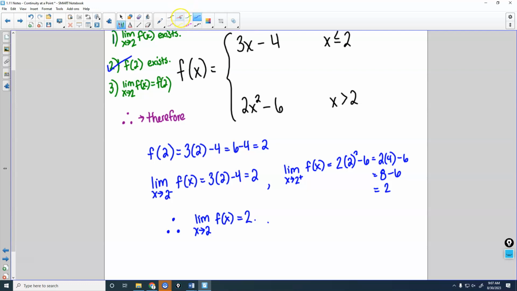All right, so we've done this first thing, f of 2. We've done the second thing where we've shown that the limit exists, so that is good. And they are equal to each other, so we can make our final conclusion.